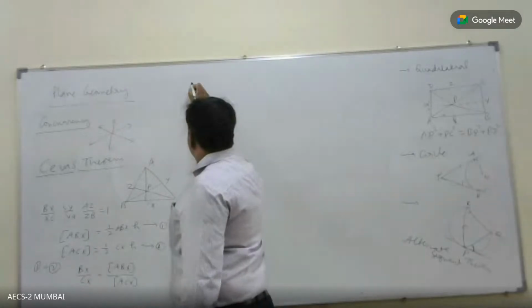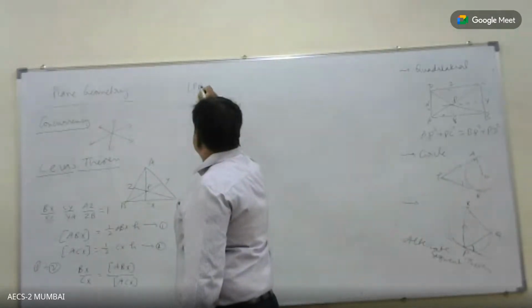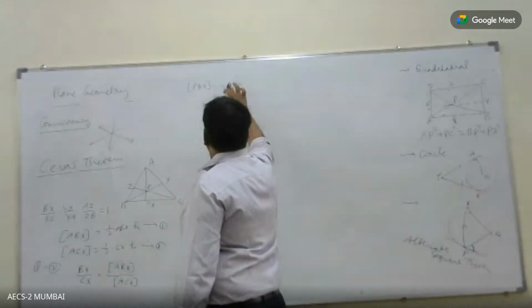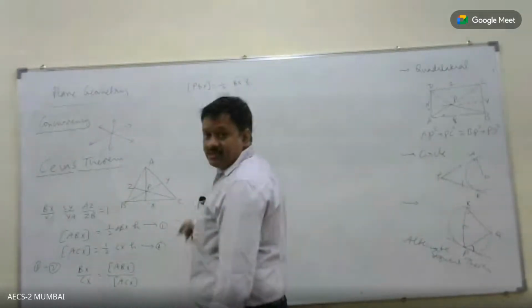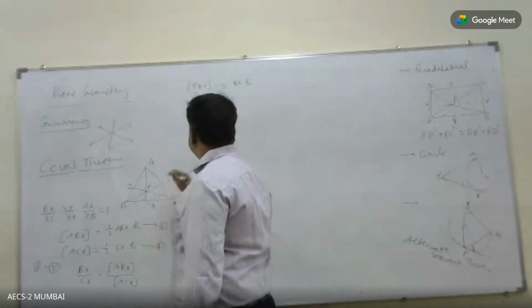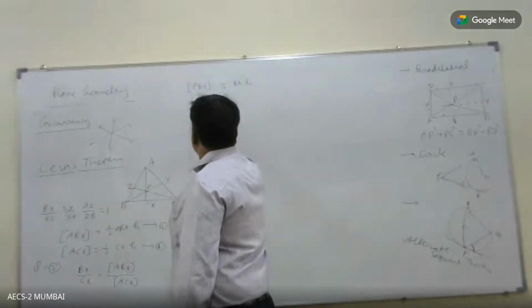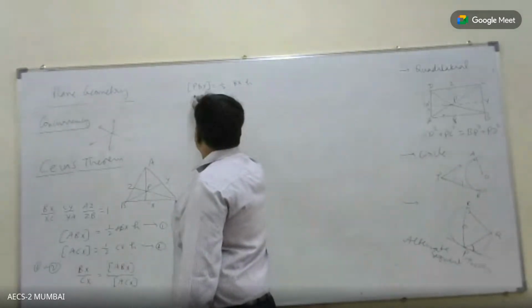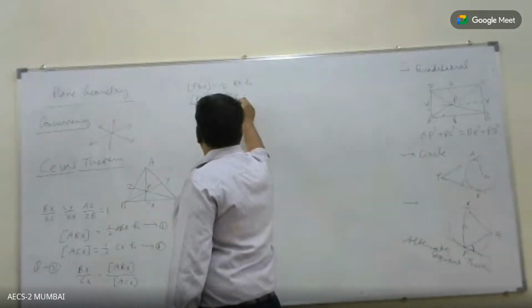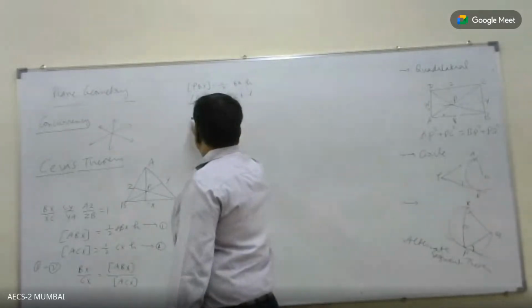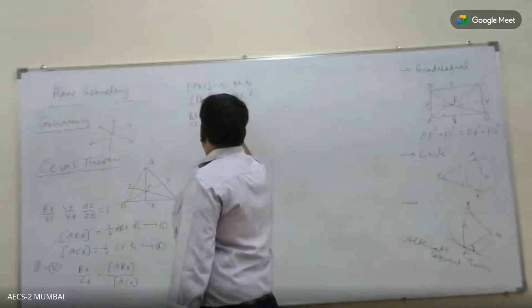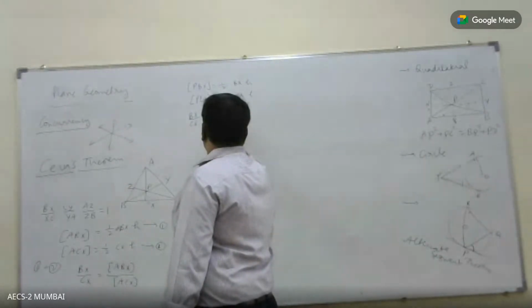So, what is area of PBX? Half into BX into H. Area of PCX is half into CX into H. So BX by CX is again area of PBX by area of PCX.